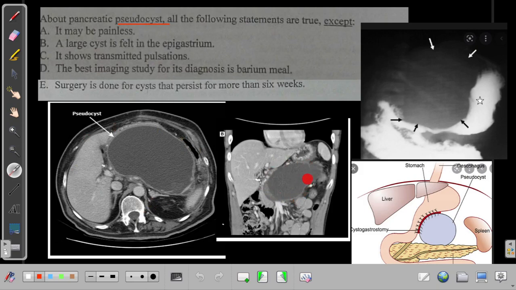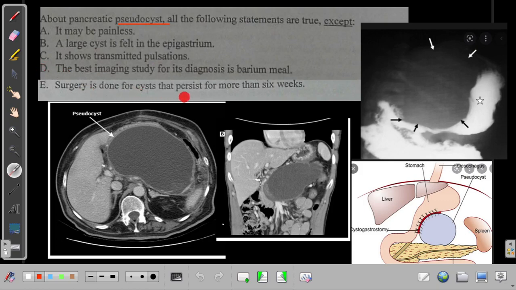In the past, we would do a barium meal and take a lateral view showing the stomach compressed in such a way because of this pseudopancreatic cyst lying in the lesser sac. But nowadays we ask for ultrasonography and CT. So go for D as the exception, alright?